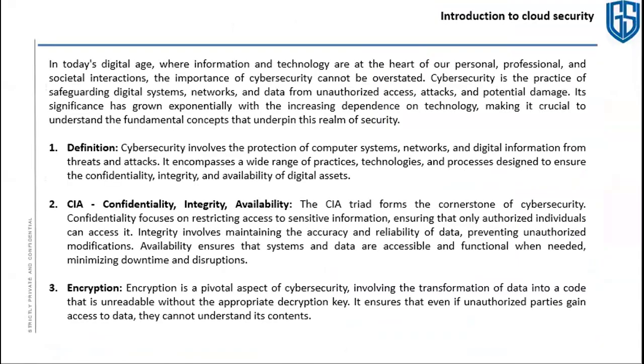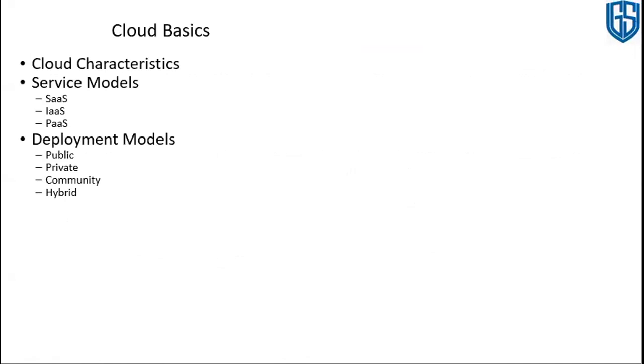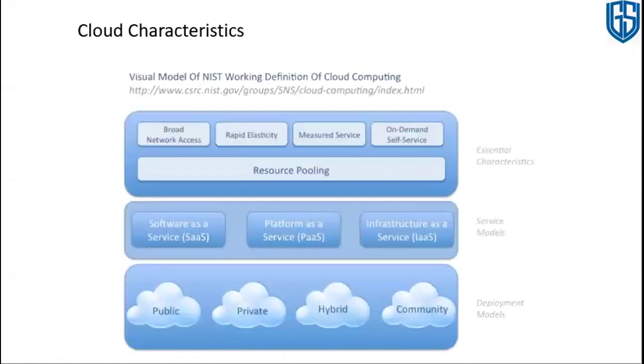In the day before yesterday's session, we had gone through the definitions and the requirement of what is cloud security and what is the CIA triad, encryption. Then we talked about the basics of cloud: characteristics, the service models, and the deployment models. We had characteristics, three kinds of service models and four kinds of deployment models.